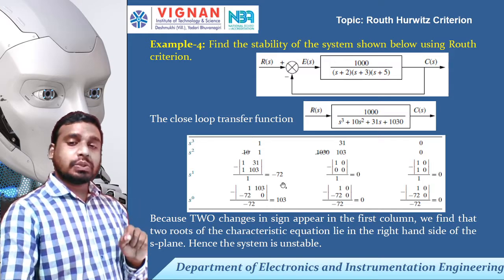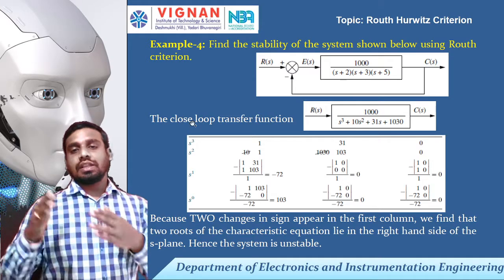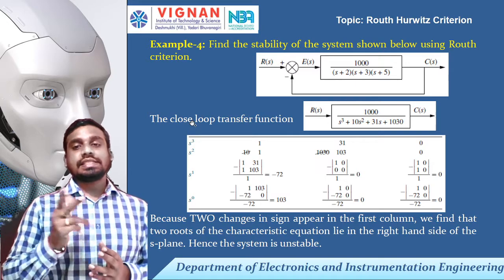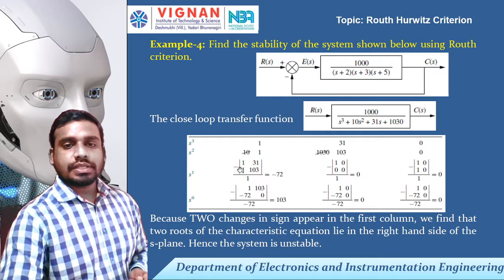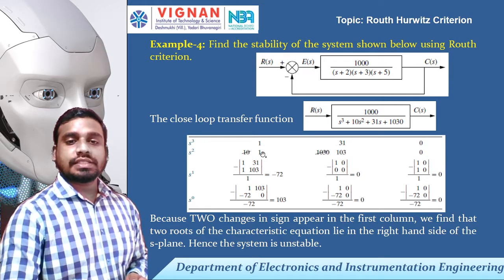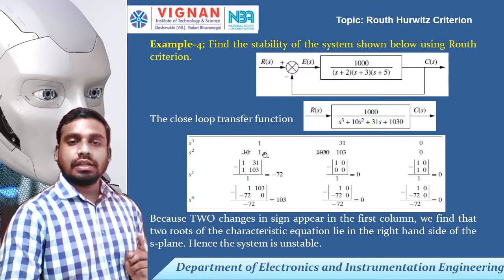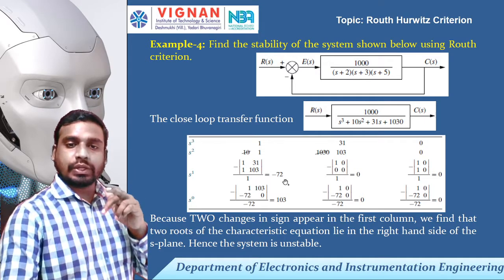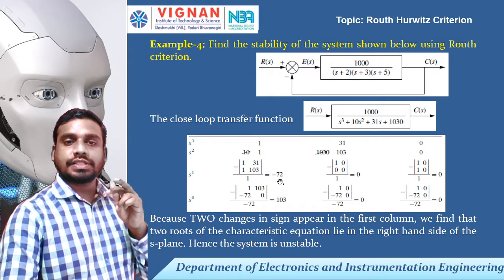But if they ask you how many poles are lying on the right half of the s plane, you have to check the change in the sign. As you see, the s square coefficient is positive 1, and it shifts from positive to negative when you write the s coefficient.